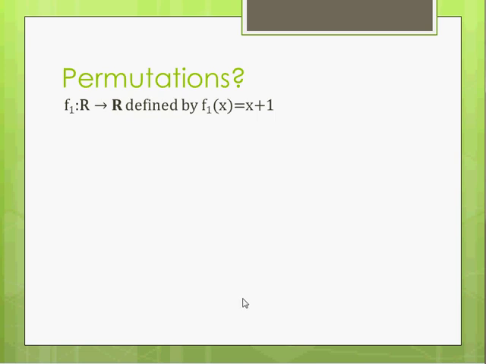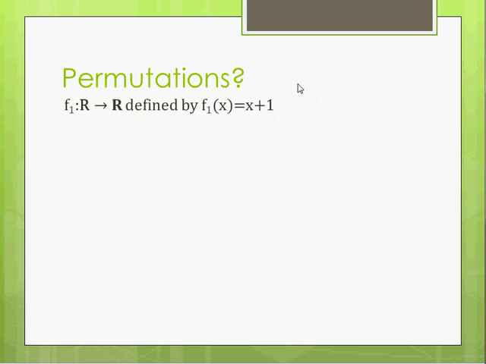Okay, so now we have a question. Is this a permutation? And a permutation is a one-to-one and onto function onto itself. And we see it's onto itself, or at least the domain equals the range, so we're good there. And is x plus 1 a one-to-one function? It is. Is it onto? It is.